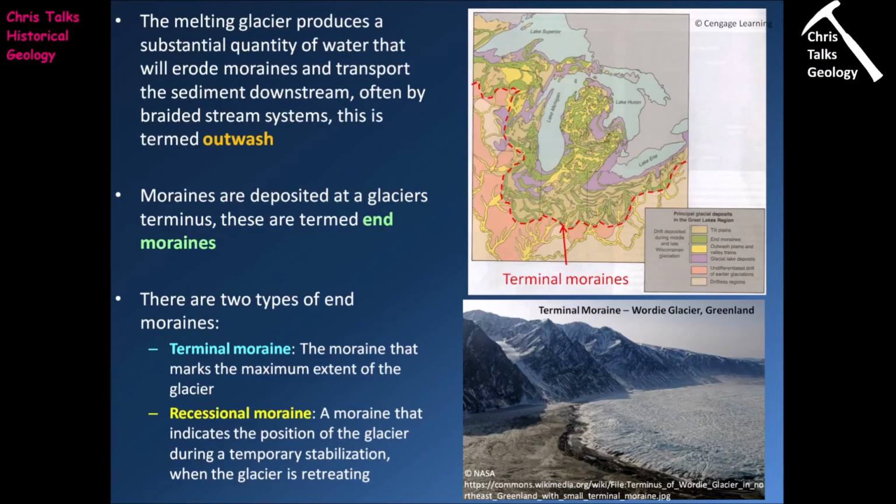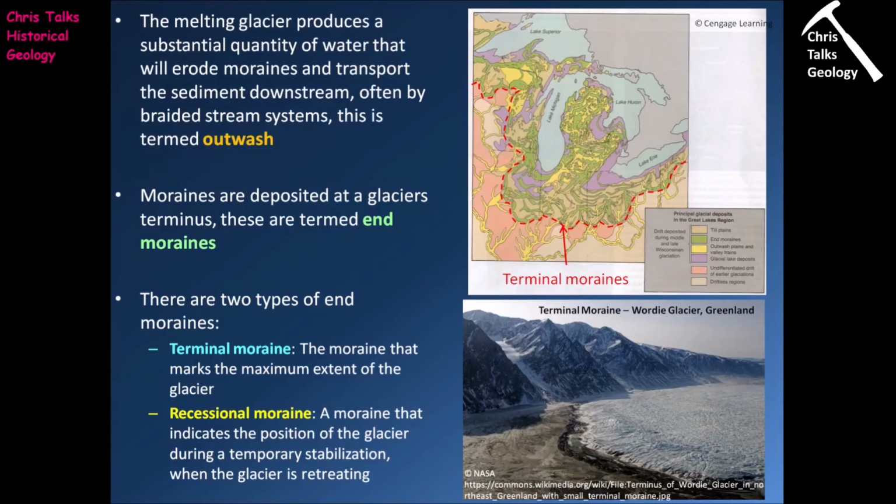Now, the other types of moraines that we get, if you look here, are referred to as recessional moraines. So if we look behind the terminal moraine, you'll see there's lots and lots of other moraines, which are part of the glacial sequence. Now, these are referred to as recessional moraines, and these are produced as the glacier retreats. So as a glacier retreats, it's not a smooth retreat, it's a staged retreat.